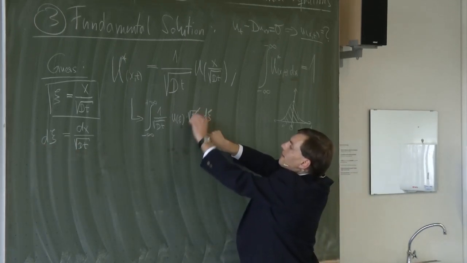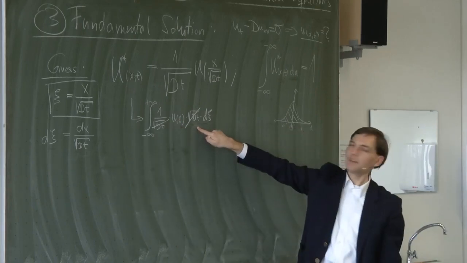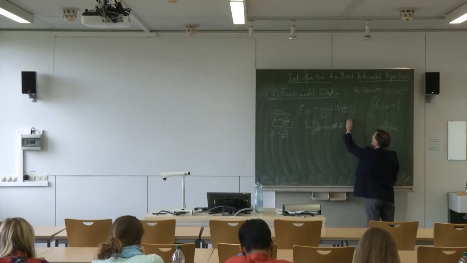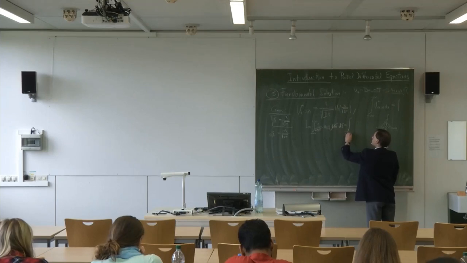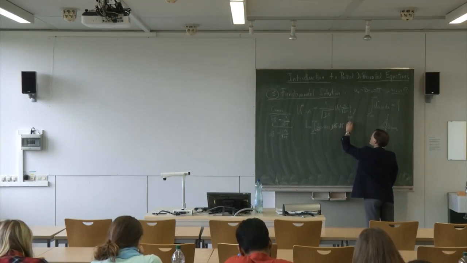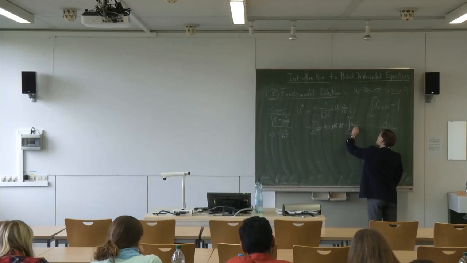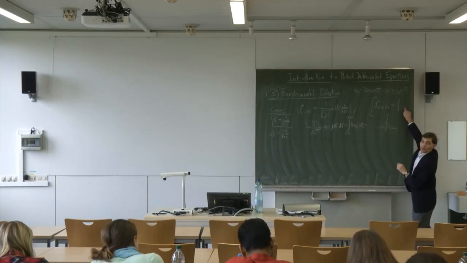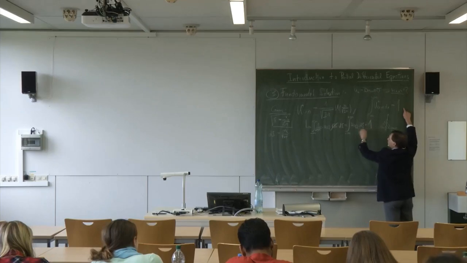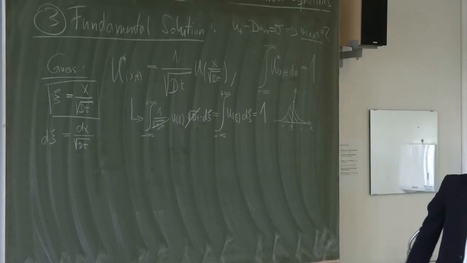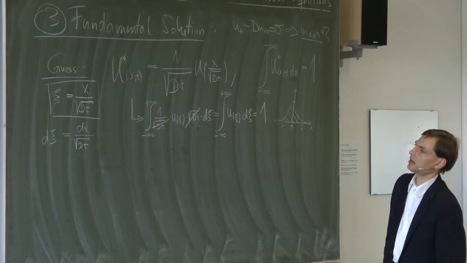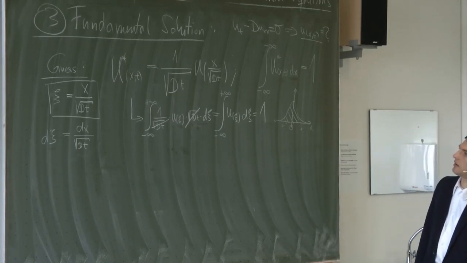And luckily, you see, this cancels. And what we obtain is this integral from minus infinity to plus infinity of a function u of xi dxi, and that must be 1, right? That's still 1. We just did the variable transform. We have not changed the key point here, that it should add up to 1.